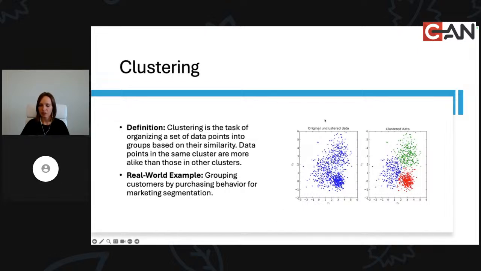This is what the data looks like before we've clustered it. They're represented by some features. Maybe we're talking about dogs, and maybe this is like height and weight, and we want to create groups of dogs that are similar to each other. This is what it would look like after we create these clusters.